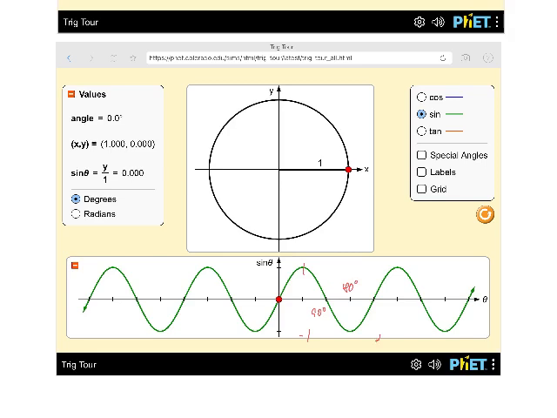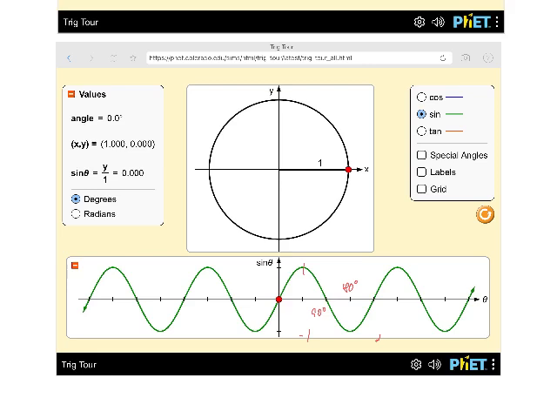The sine of 270 is minus 1, and then the sine of 360 is again 0. From here to here is what we call one period, and it keeps repeating with each revolution and also in the negative. And again, we have a wave function.